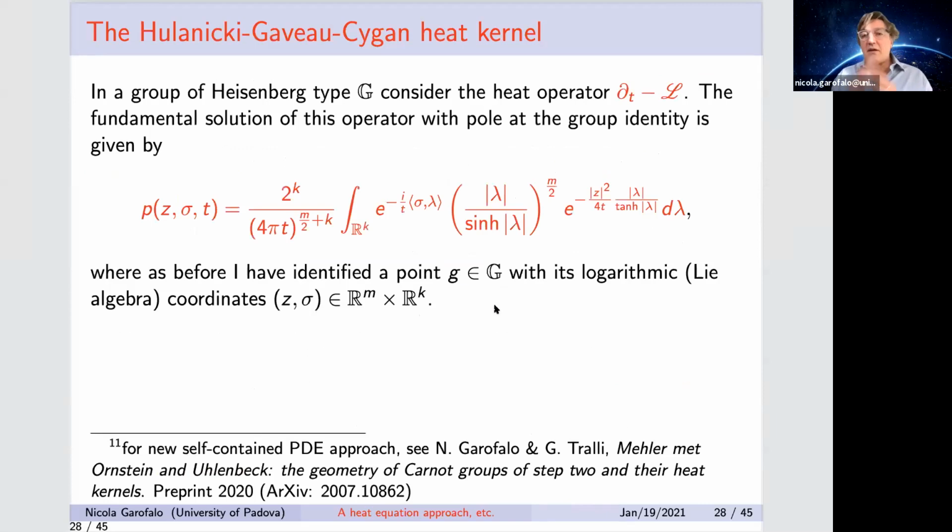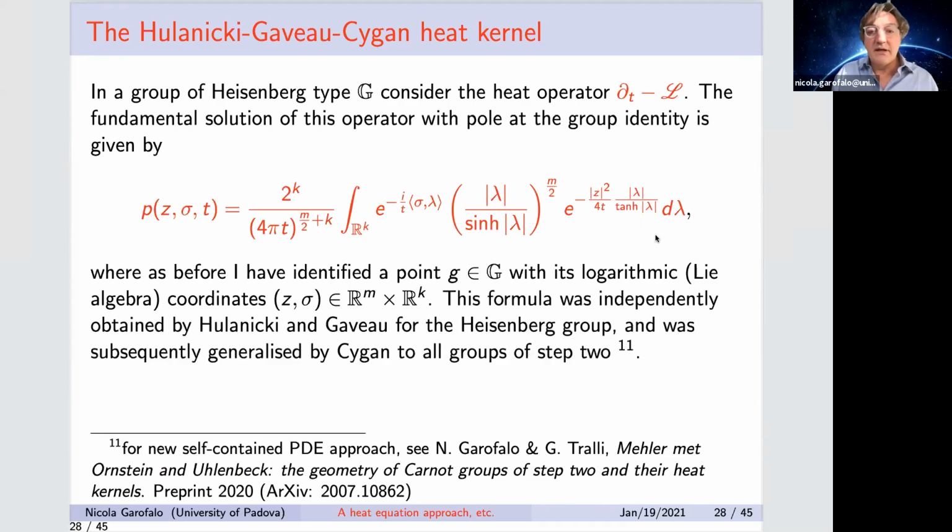So, heat kernel. In the Heisenberg group, or in a group of Heisenberg type, the heat kernel has a very important, almost explicit representation given by this formula. This was found by various people, and I give credit to all of them: Hulanicki, Gaveau.